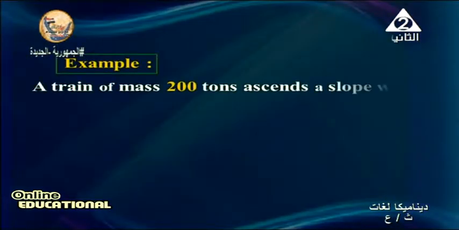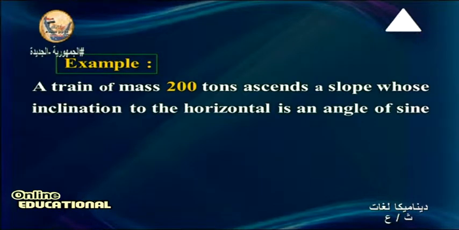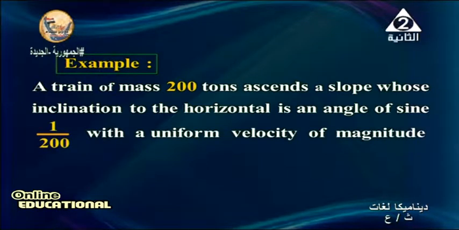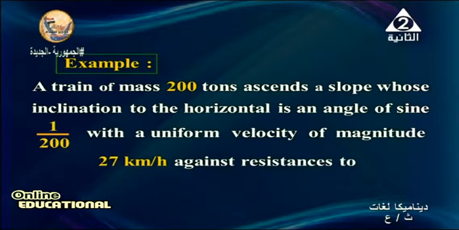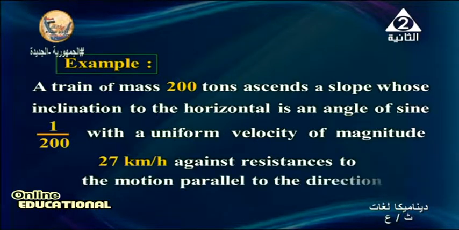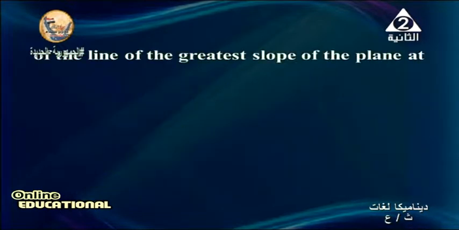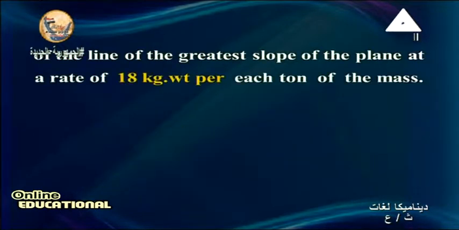Another example. A train of mass 200 ton ascends a slope whose inclination to the horizontal is an angle of sine 1 over 200 with a uniform velocity of magnitude 27 km per hour, against a resistance to the motion parallel to the direction of the line of greatest slope of the plane at a rate of 18 kilogram weight per each ton of the mass.